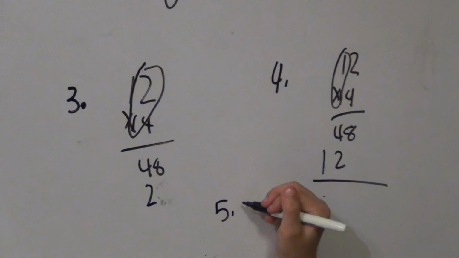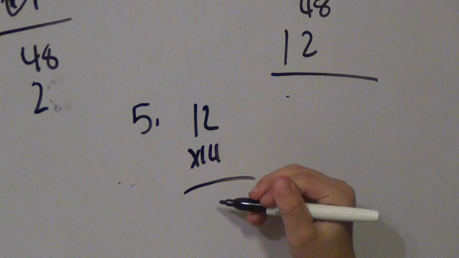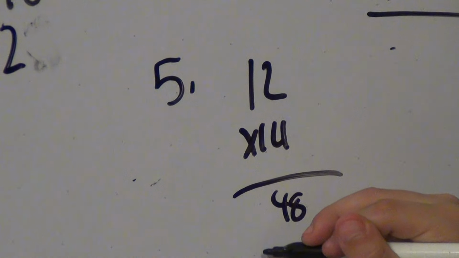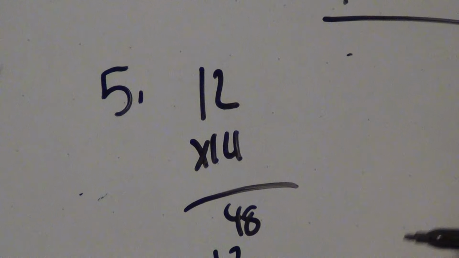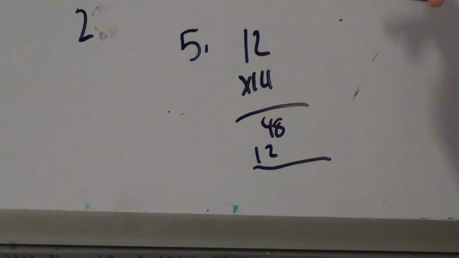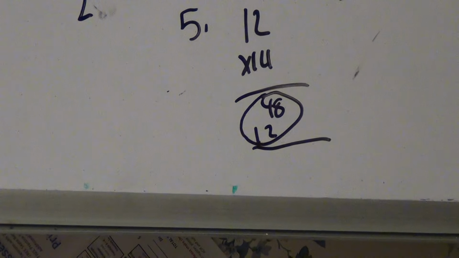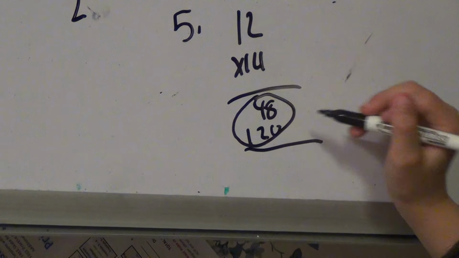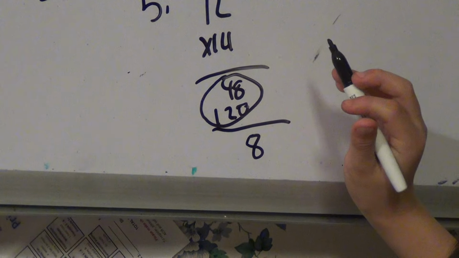The last step is you add the 2 numbers right here to get your answer. I'm going to pretend there's an imaginary 0 right there, and then 8 plus 0 equals 8.